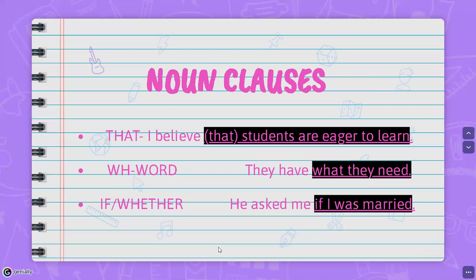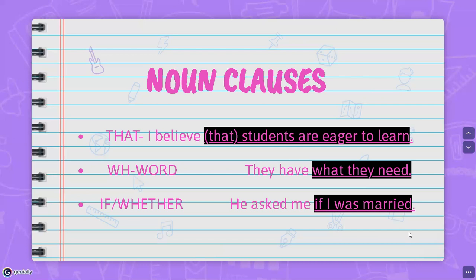He asked me something, again, he asked me a question, but instead of having a noun phrase, I have a clause. He asked me if I was married. Okay, so noun clauses perform the functions typically performed by nouns: subject, object, or complement.